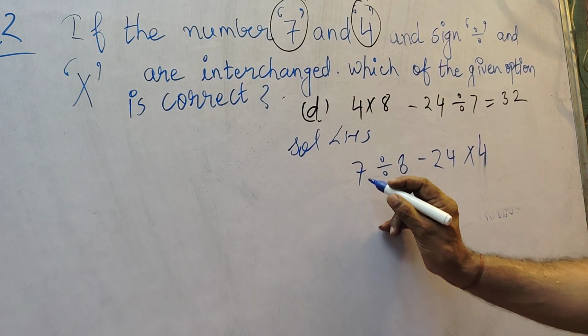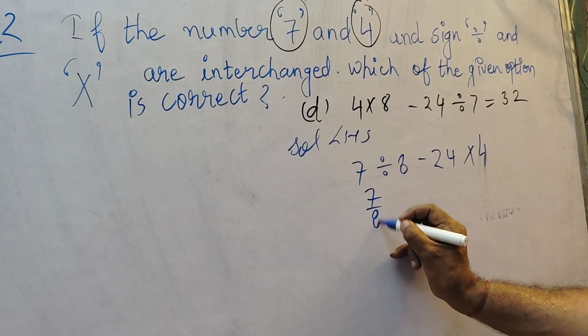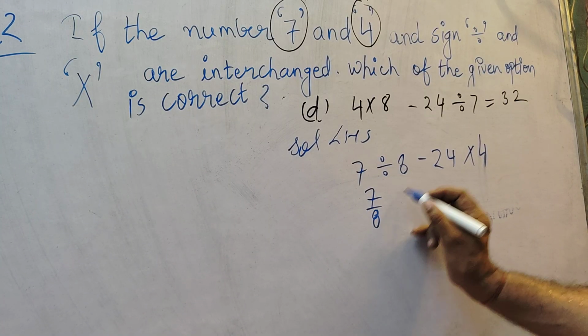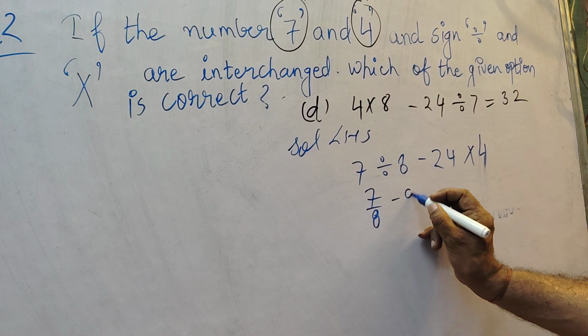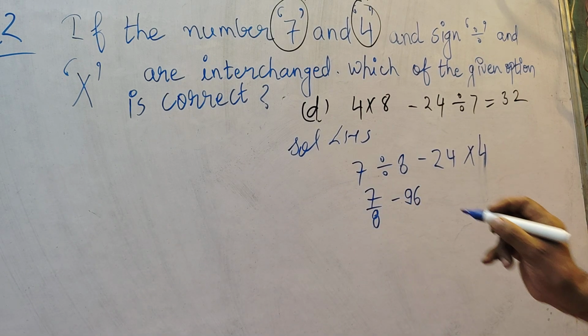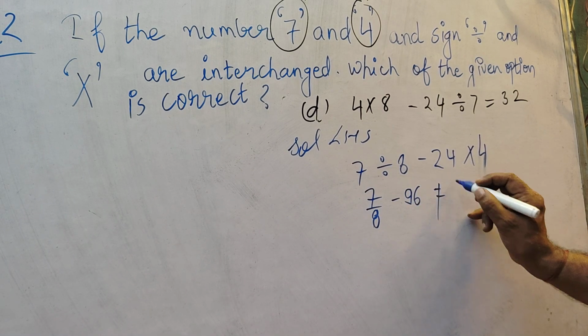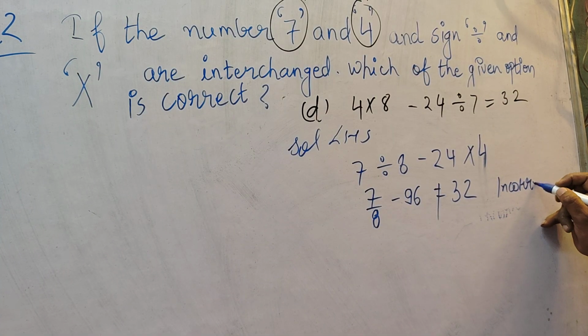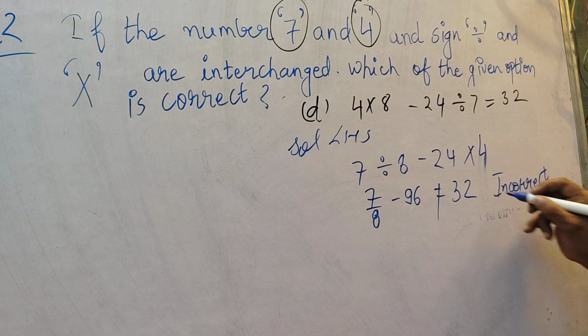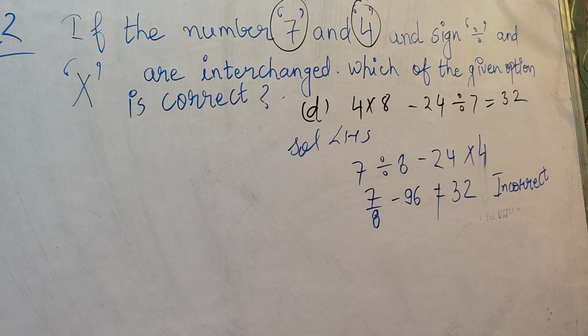So this is the LHS. Now 7 divided by 8 remains as 7 upon 8, and 24 times 4 is 96. So it is again in fraction form. It is not equal to 32, a whole number. So it is also an incorrect option. So in this way the answer to 22 is A option.